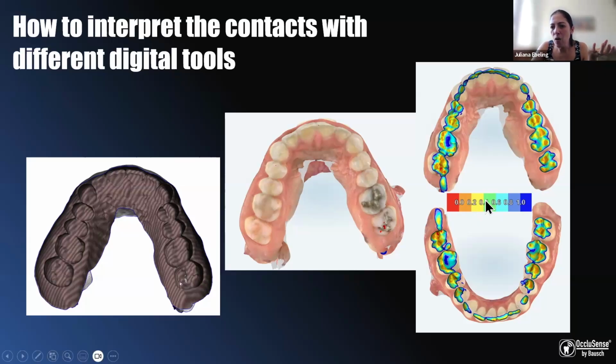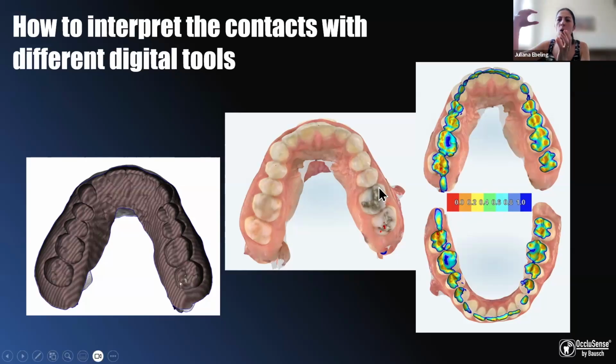So when I look at the contacts in an occlusogram from iTero, for example, I can only consider until 200 microns distance from these meshes. Why?